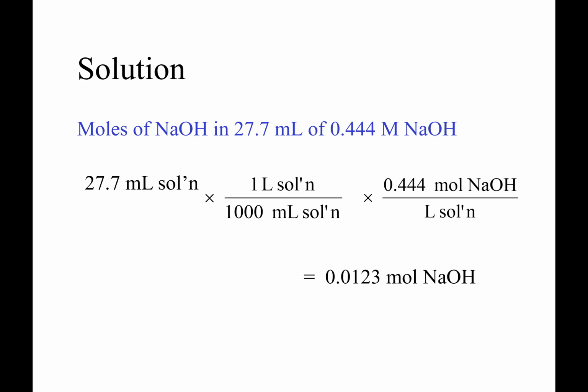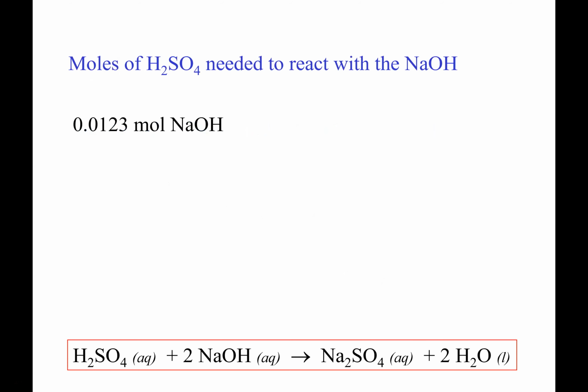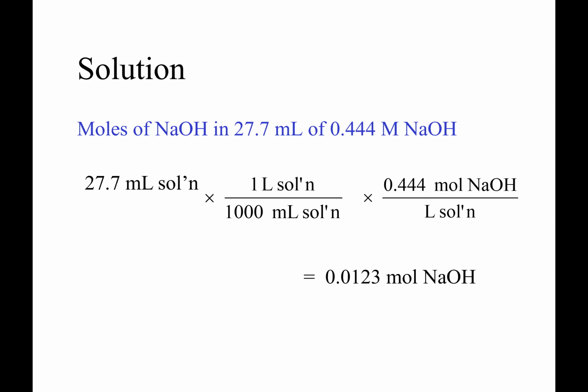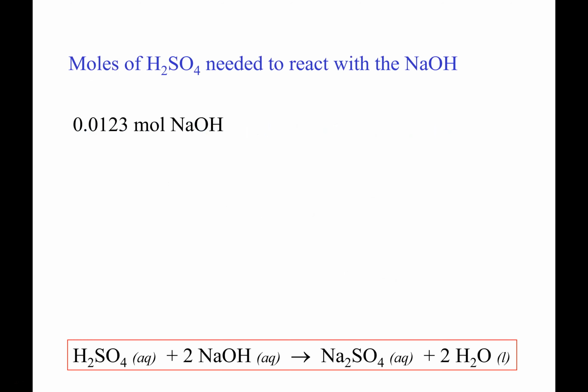So again, don't do a run-on thing. Rewrite that number for your second step. So I would rewrite that number then. I'm going to put 0.0123 moles of NaOH over 1. So here's the balanced equation down here.